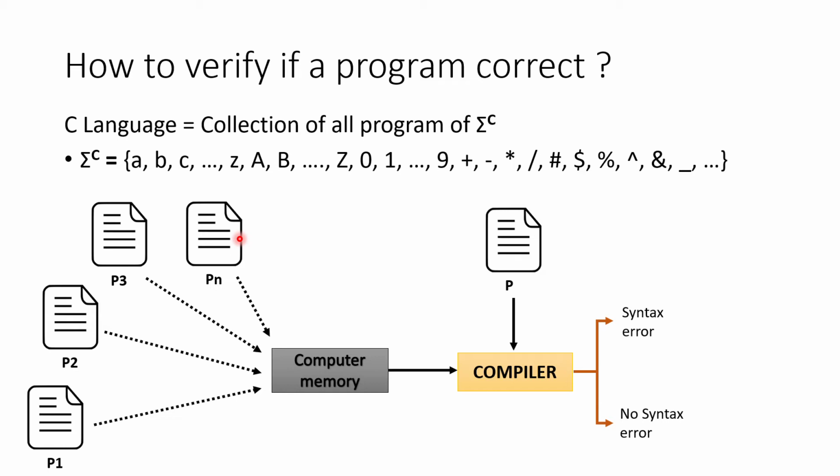Why? The reason is that a computer language doesn't define any length of the program. It means a program of length 10 lines is correct, a program of 100 lines is correct, and a program of 10,000 or 1 lakh lines is also correct, maybe grammatically.